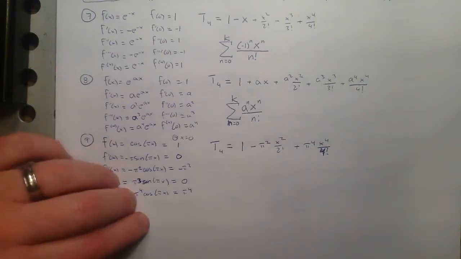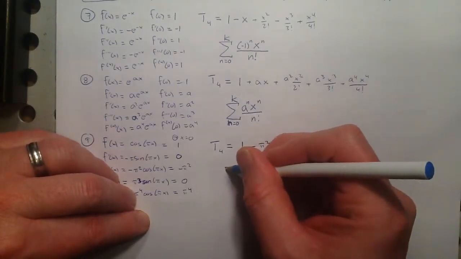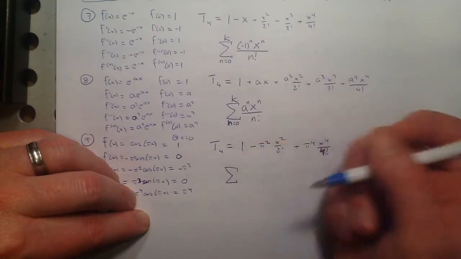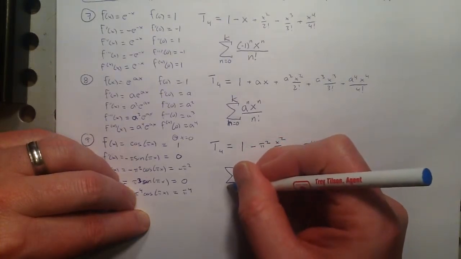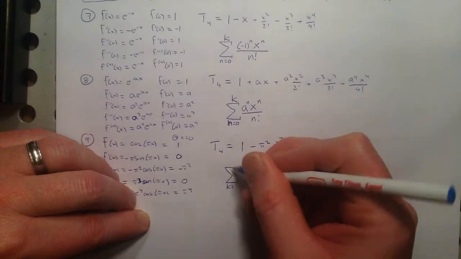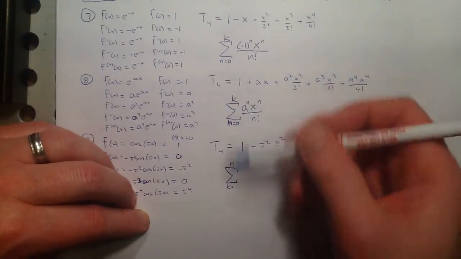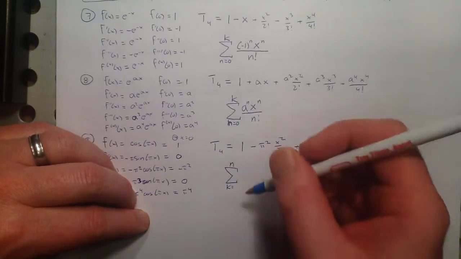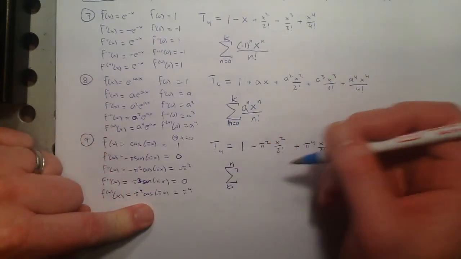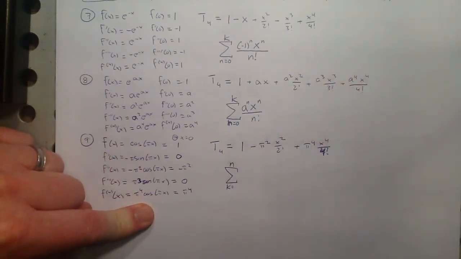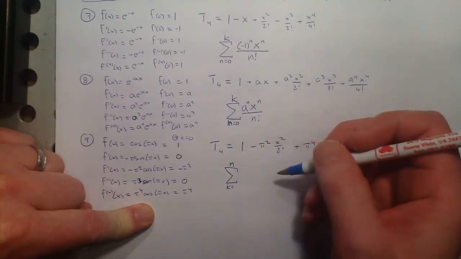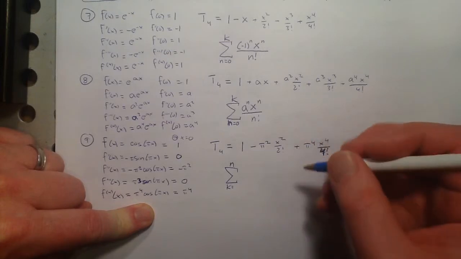And let's see if we can do the summation notation for that. This time I'll try to write it. I'll do it from k equals 0 up to n, so we can really call it the nth one. It really doesn't matter much what you call those as long as you're consistent. So it looks like we only have the even terms. So even terms are represented by 2k, 2 times a number.